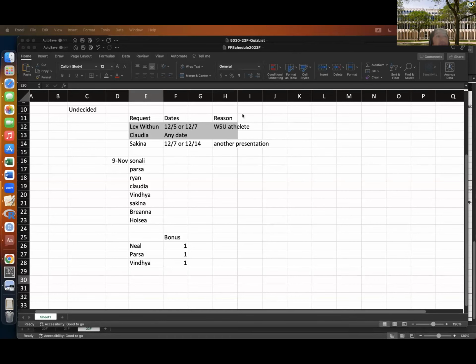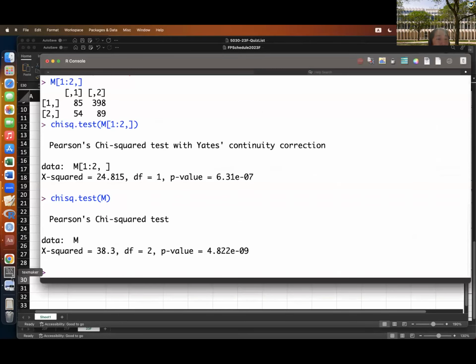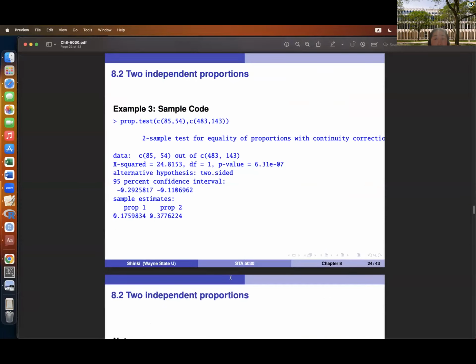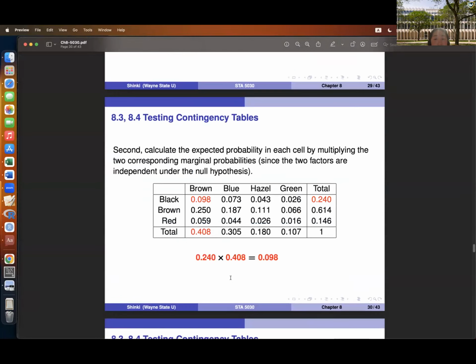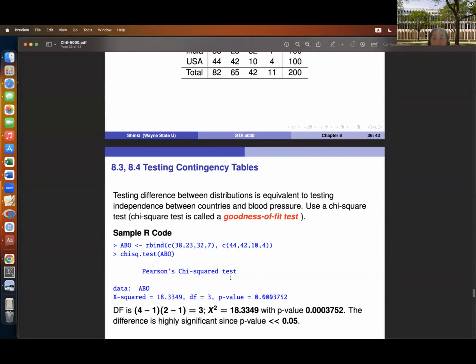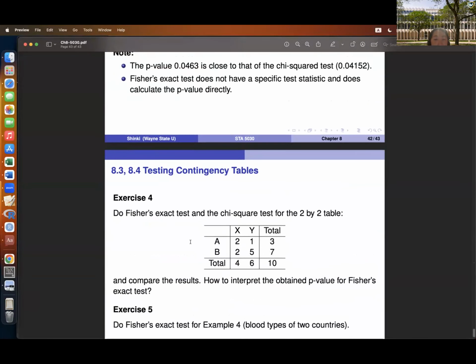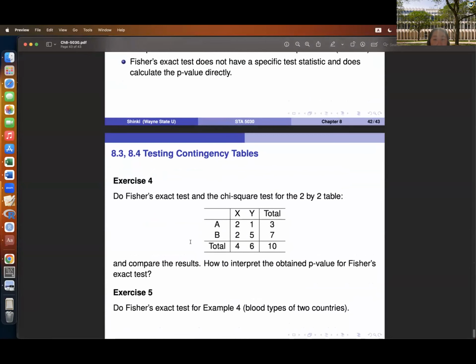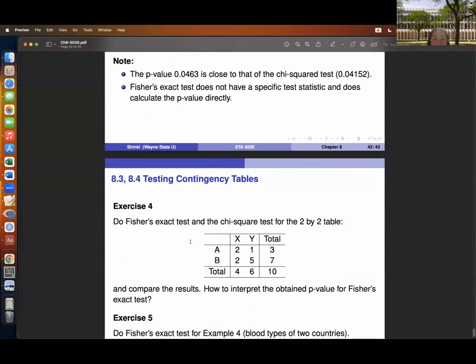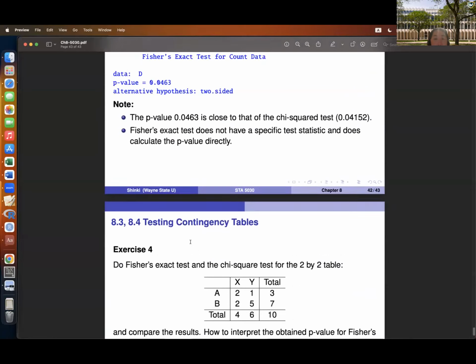Now we do the exercises, and maybe we should do both. First, exercise 5, two countries.